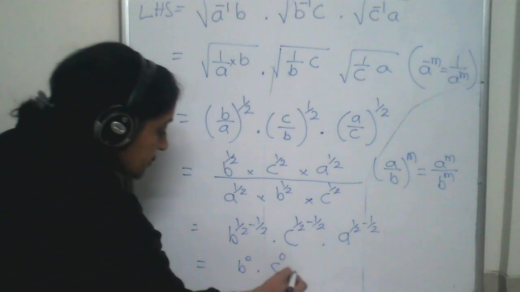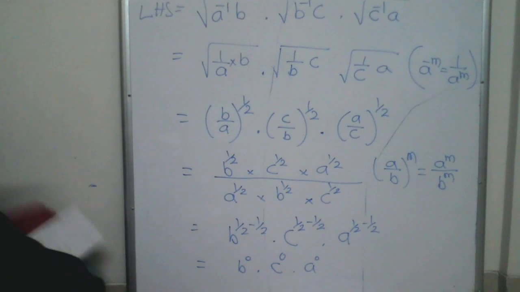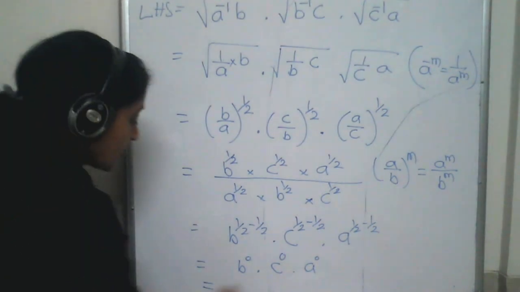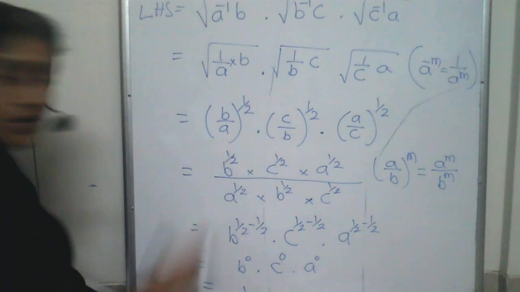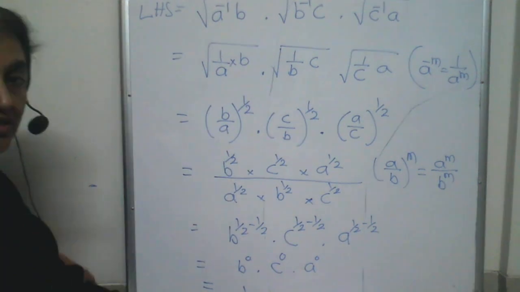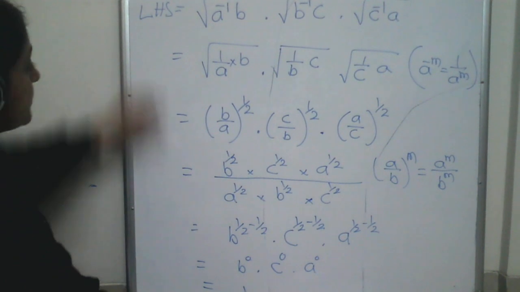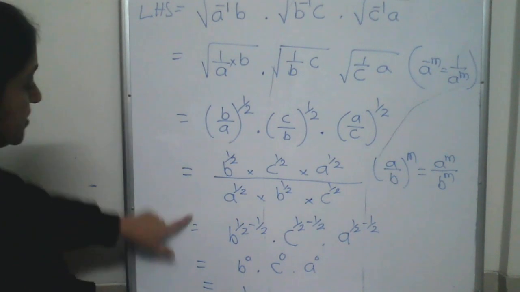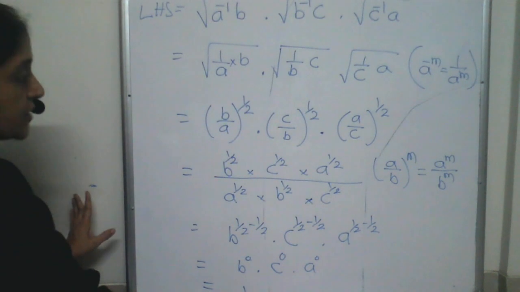C to the power 0, a to the power 0. Anything raised to the power 0, what will you get? 1. But what will it be? 1 into 1 into 1 is 1. Never ever write it in confusion as 3. It cannot be 3. You have step 1, step 2, step 3, step 4, step 5. In 5 steps you will be able to get the answer.